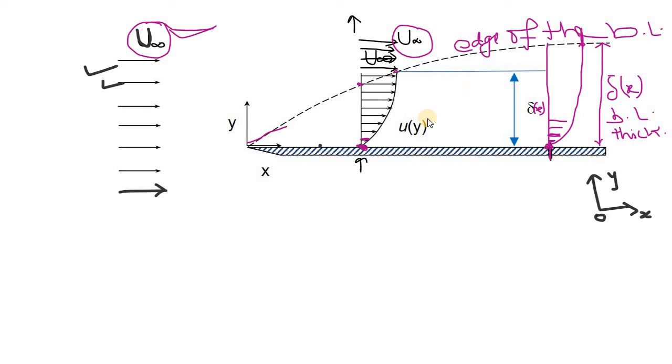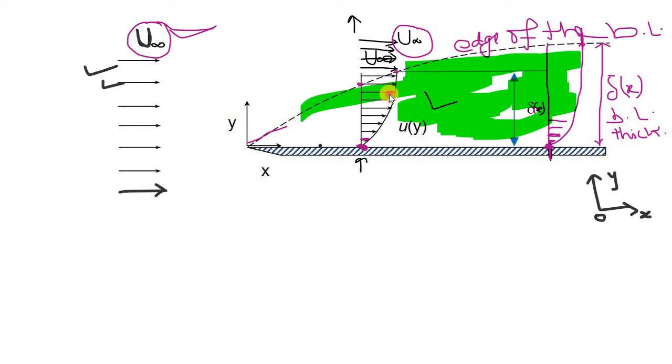The first part is the boundary layer region. This green colored region is the boundary layer region, and in this region the viscous forces are felt, or you can say the viscous forces are dominant and the velocity gradient in the y direction exists.